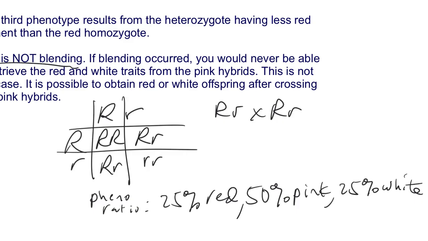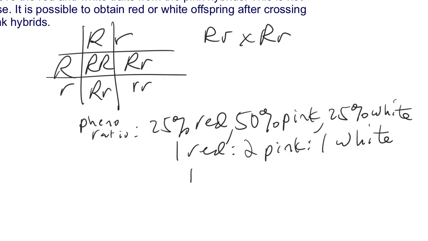Okay, this is not complete dominance. This is incomplete dominance. Or you could say 1 red to 2 pink to 1 white. Or you could say 1/4 would be red, 1/2 would be pink, 1/4 of the offspring would be white.